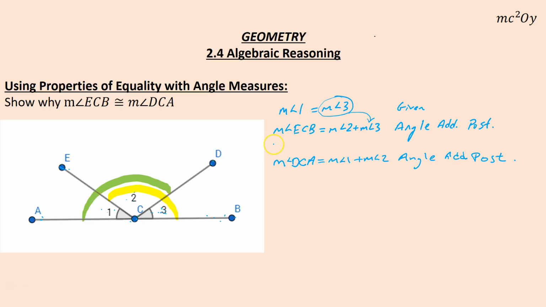I'm going to say right here, I could also say measure of angle ECB is not just measure of angle 2 plus 3. It's also measure of angle 2 plus measure of angle 1. And how do I know that? I use the substitution property of equality.